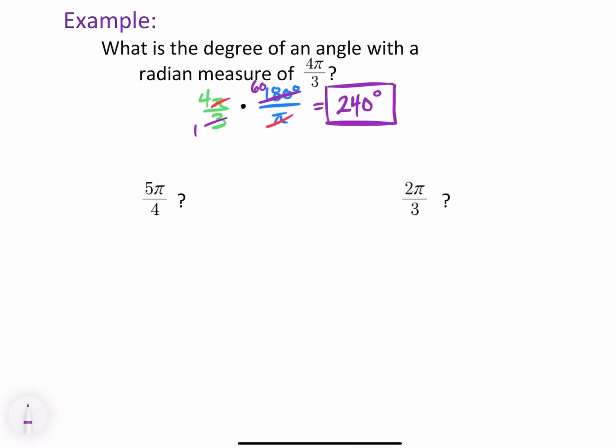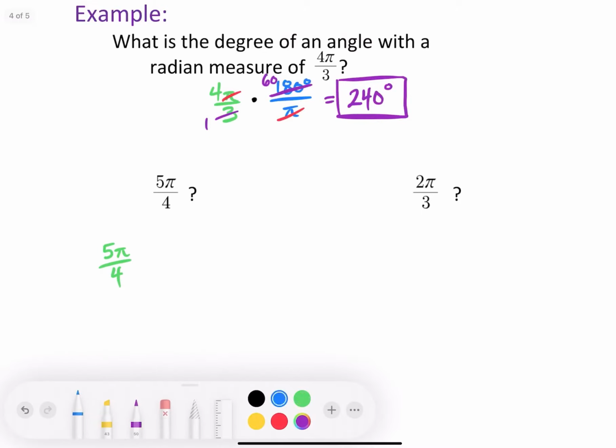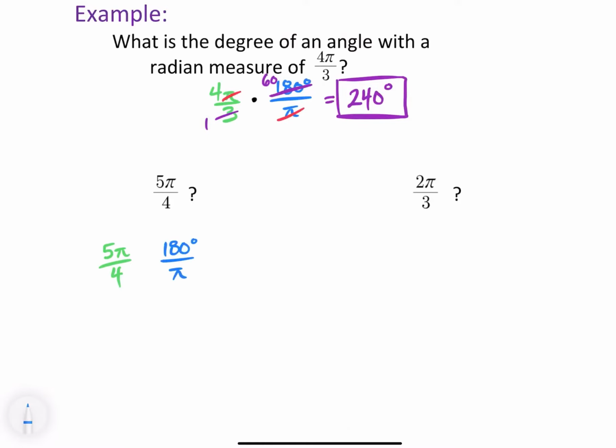So let's try a couple more here. Let's try this next one. This time we got 5 pi over 4. And we're going to multiply 5 pi over 4 with 180 over pi. Okay, so we're just going to multiply these two together, and then again the pi's will cancel each other out.